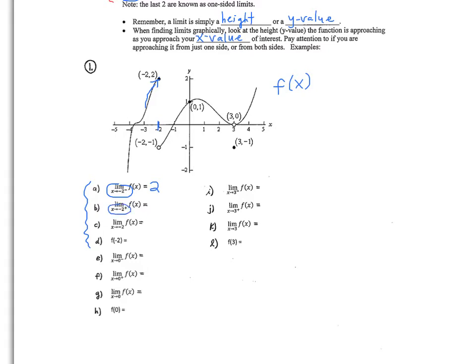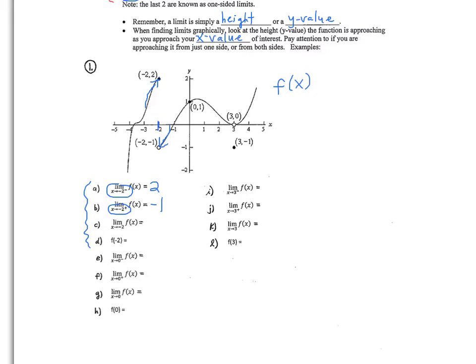Next, we're looking to find the limit as x approaches -2 from the right. So now I'm to the right of it and moving to the left, getting closer and closer to -2. And as I do that, I'm looking to find what is the y value, what is the height. Well, we can see from our function that it's -1. Now don't be confused by the fact that there's an open circle there.